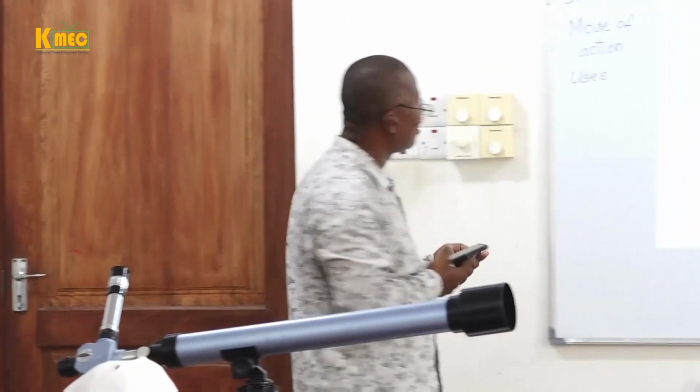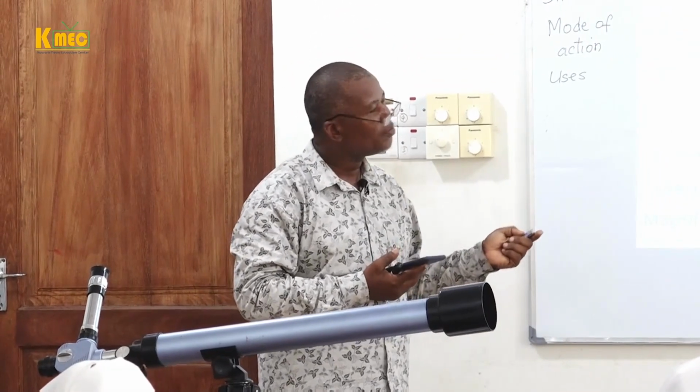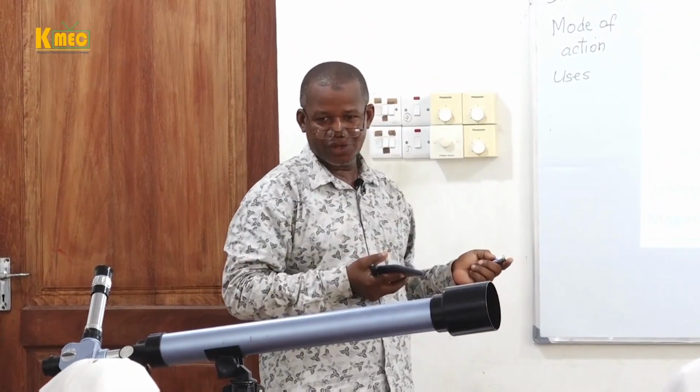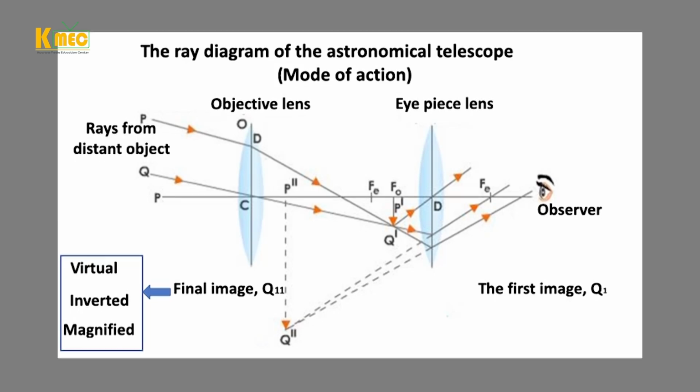So, this is the working principle of the astronomical telescope. And this diagram is called a well-labeled diagram of the optical arrangement of the astronomical telescope. That is the optical ray diagram, right?